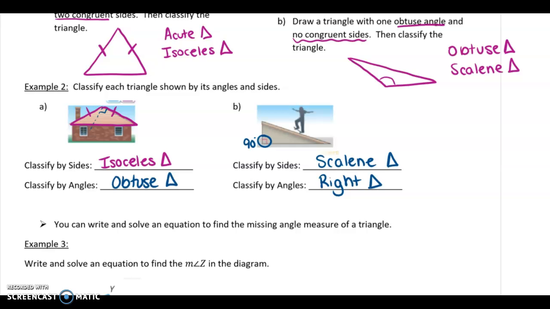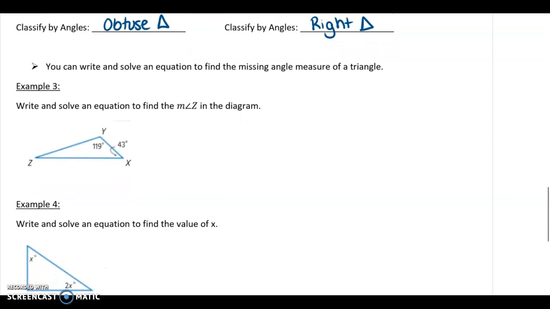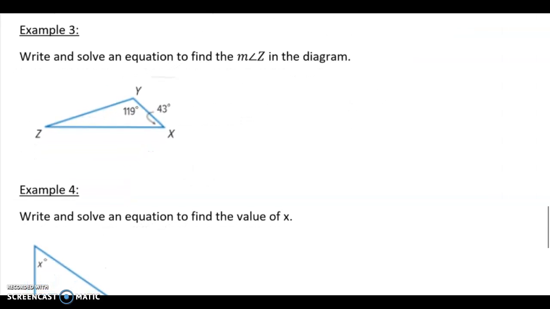You can write and solve an equation to find the missing angle of any triangle. Let's talk about it. Write and solve an equation to find the measurement of angle Z. So I'm missing Z right here.